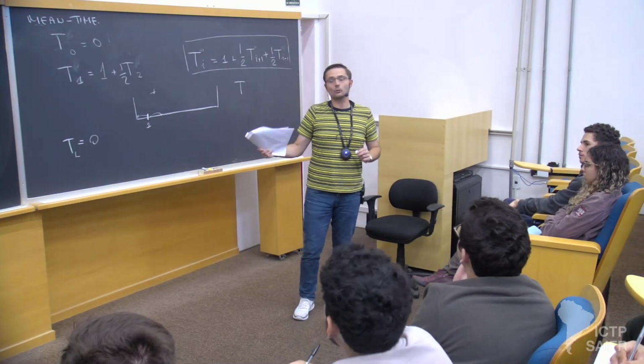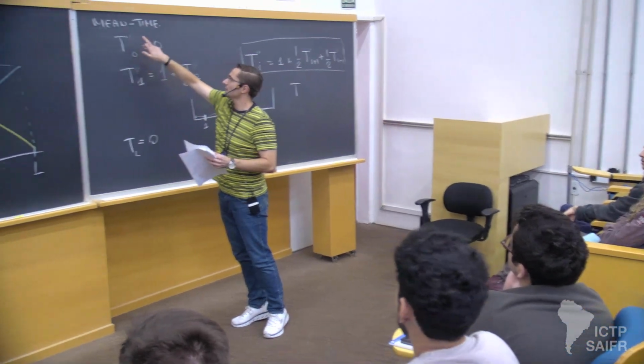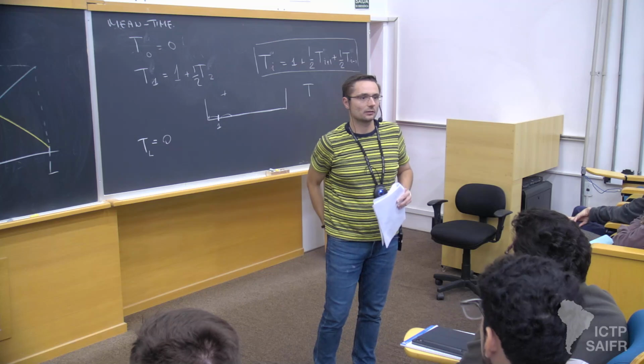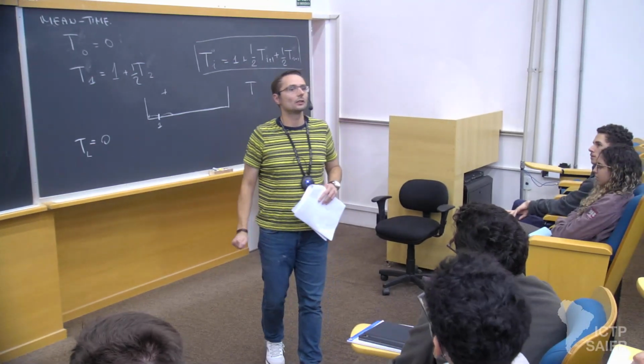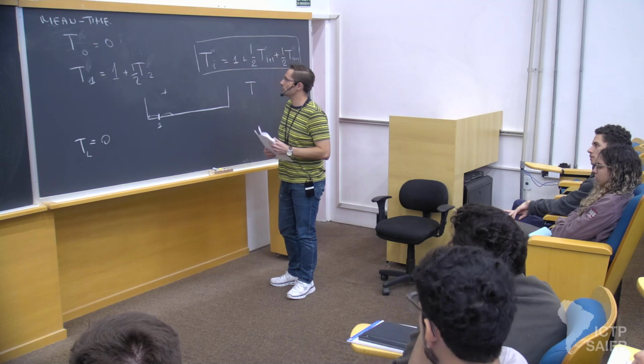You can repeat the calculation that I was sketching, like what is the time I will reach 0 starting from 0, but it's a little bit more complicated and it is longer. Okay, sorry. That part was confusing.